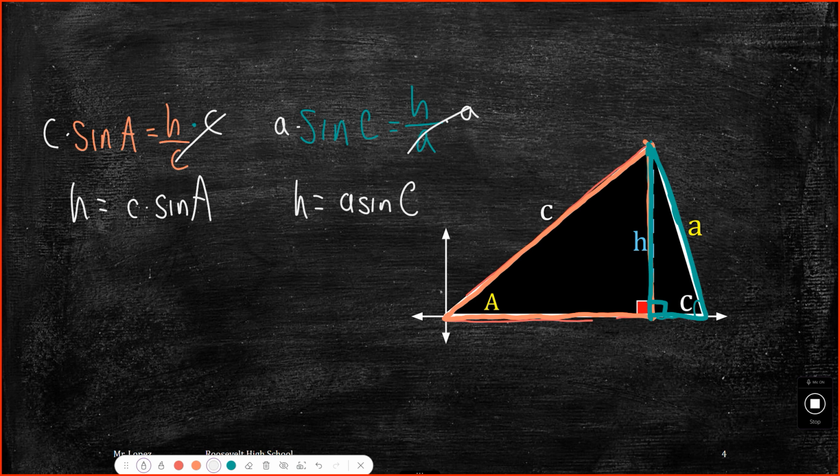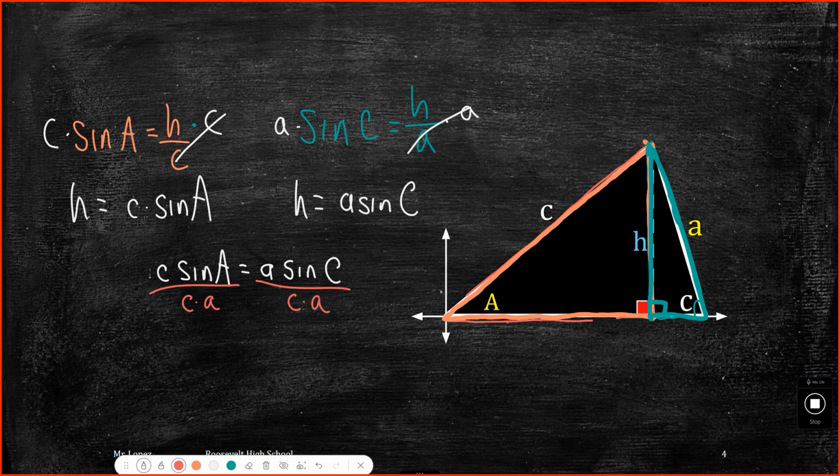So that's going to be c sine A is equal to what? c sine A equals a sine C. Okay, so now what I'm going to do, to get to what is recognized as the law of sines, is divide both sides by little c and little a. It makes it faster, quicker.